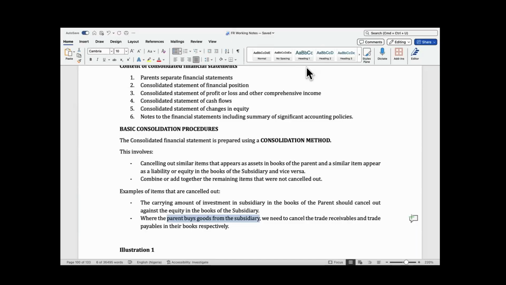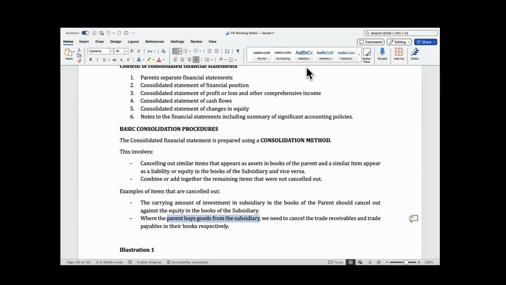So consolidation is as simple as adding the individual accounts of the parent and the subsidiaries together. And any similar items, cancel them out. So the major work we want to do is just cancellation. Looking out for transactions between the entities and cancelling them out. That is the major work. Every other, you will see.